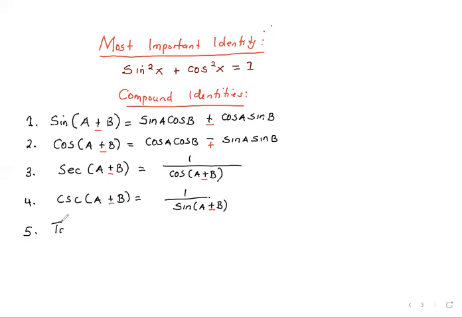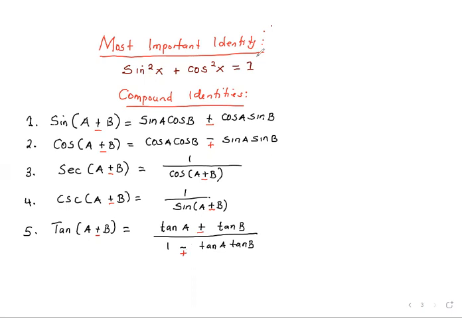If I'm dealing with tan A plus B, this is equal to tan A plus tan B over 1 minus tan A tan B. So that if there is minus, here too there will be minus and here there will be plus.